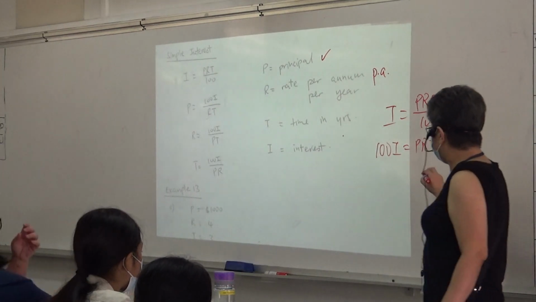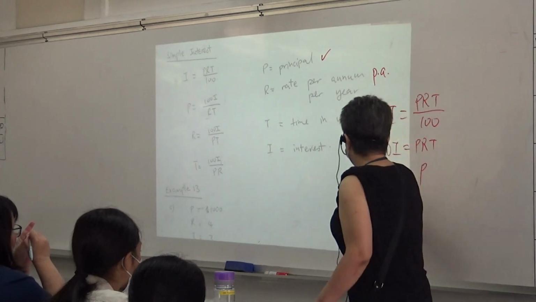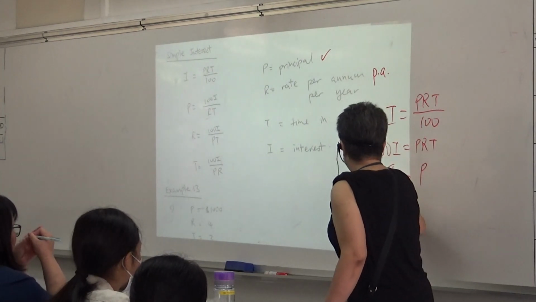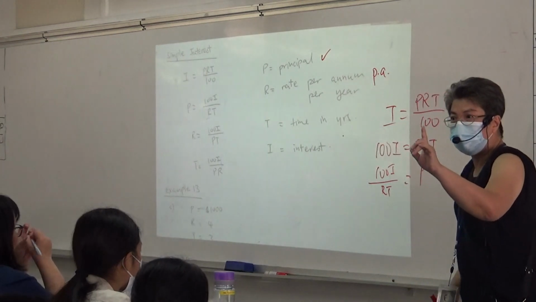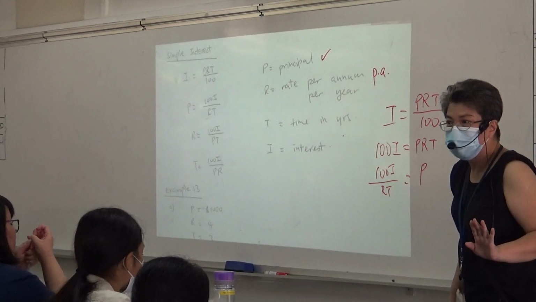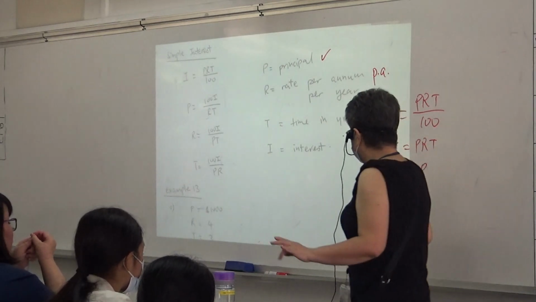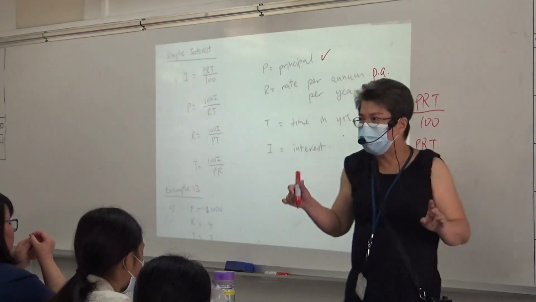Now, if I want P, this one is times RT, bring over, become divide by RT. So actually, you remember one can already. The rest can follow from there. That's it, finish. Everybody understand?